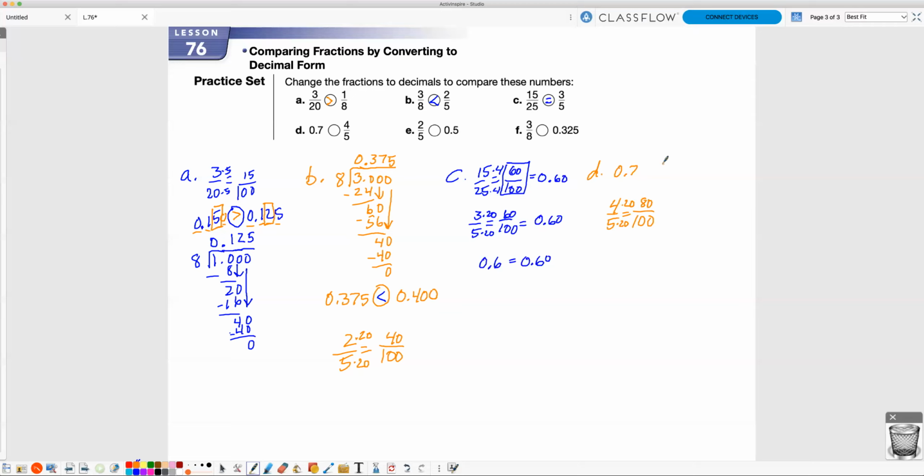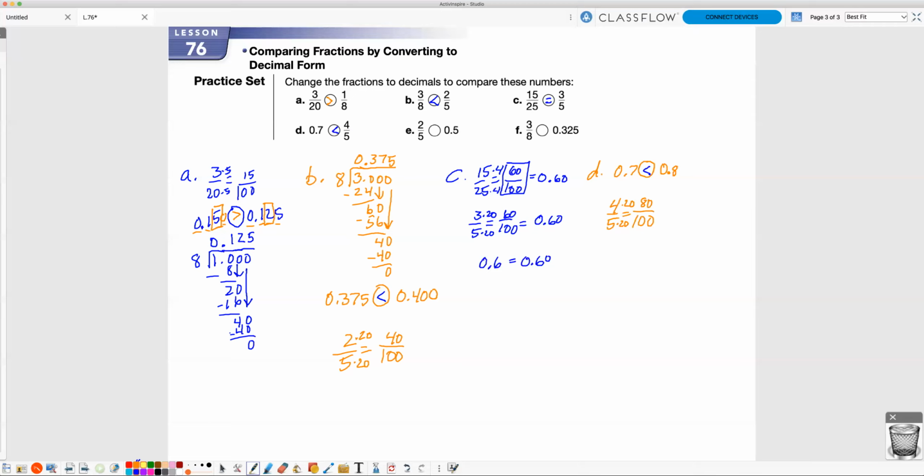So that means this decimal is the same as 80 hundredths or 8 tenths. So when comparing that decimal, I know that this is going to be less than this because 7 tenths is less than 8 tenths. That means 7 tenths is less than 4 fifths.